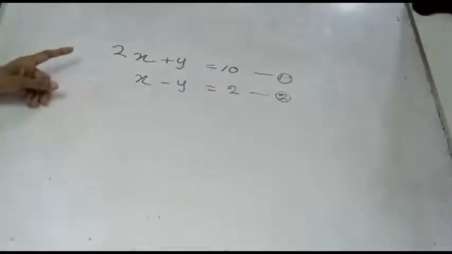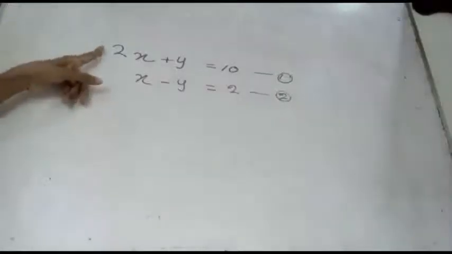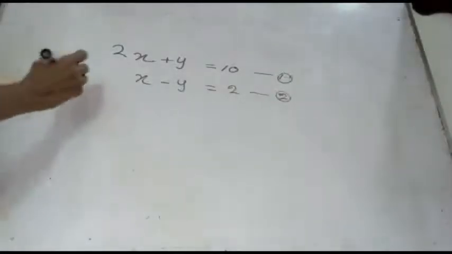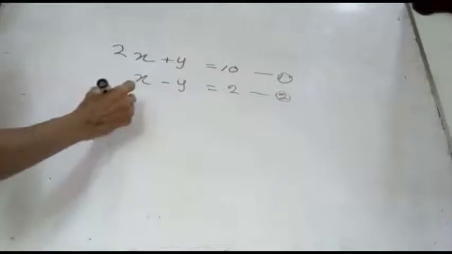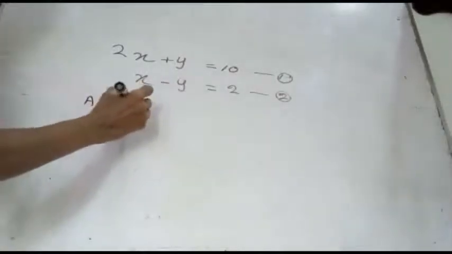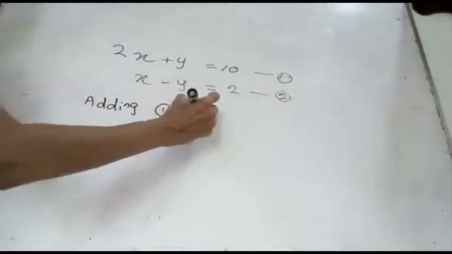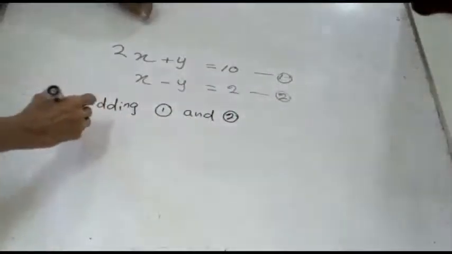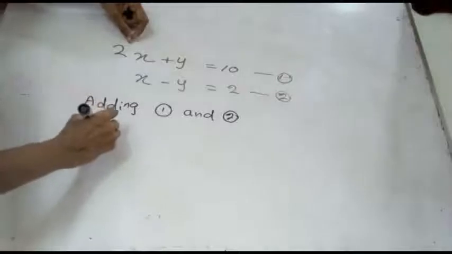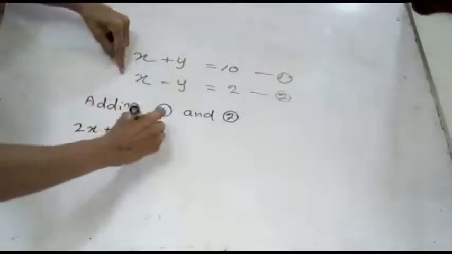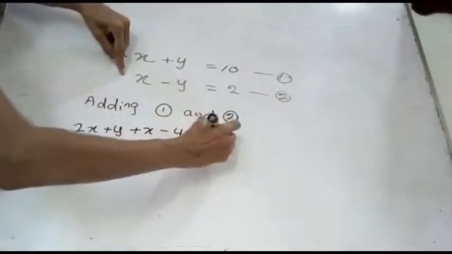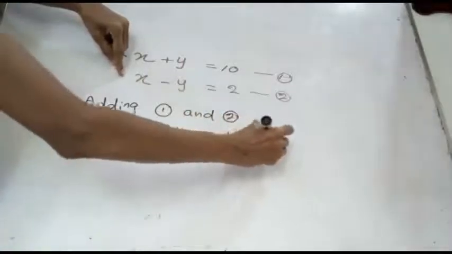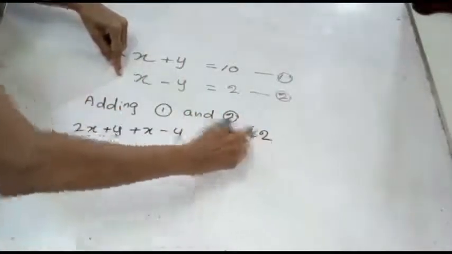Adding the first equation and the second equation. 2x plus y plus x subtract y is equal to 10 plus 2, which is 12.